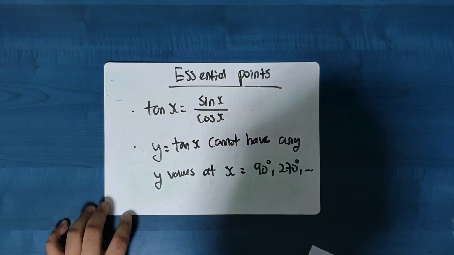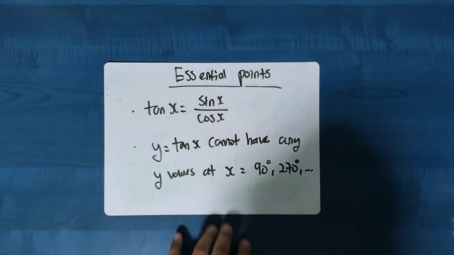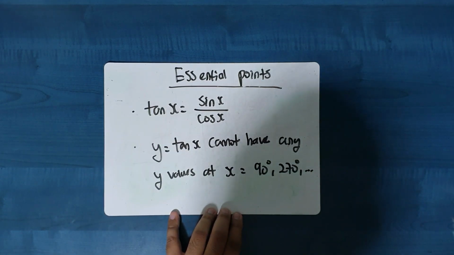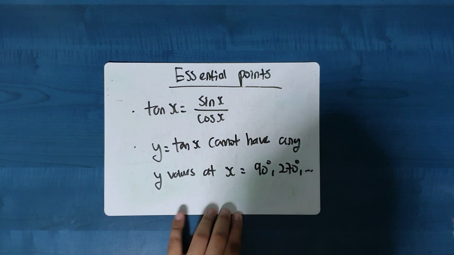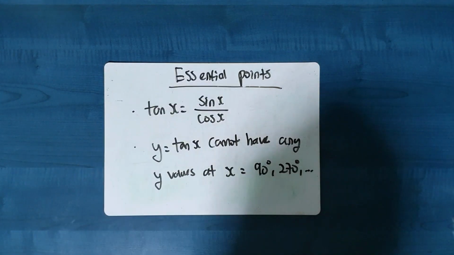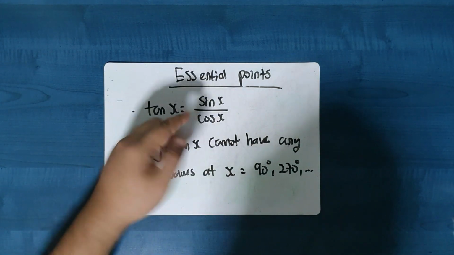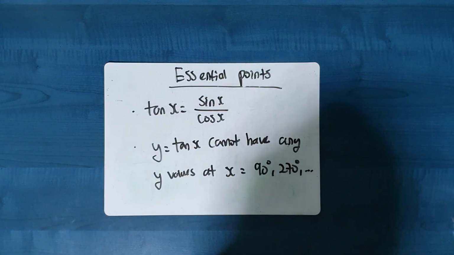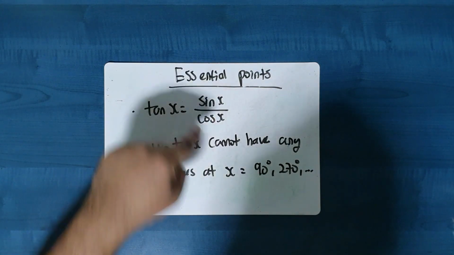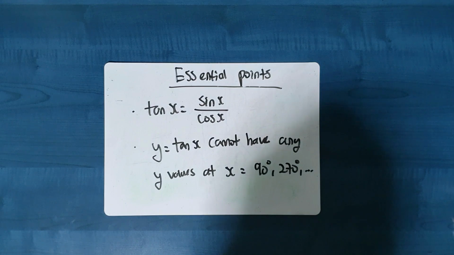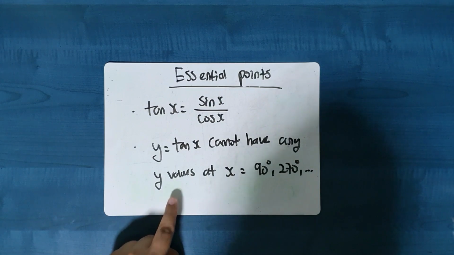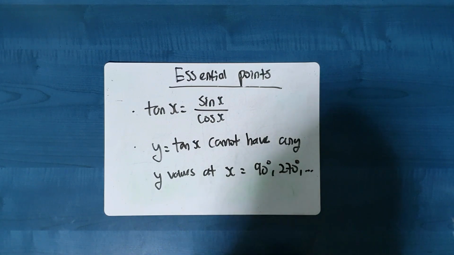So let us end off with the essential points of a tangent graph. Okay? By definition, tangent x is sine over cosine, and because a fraction cannot exist when the denominator is 0, therefore y equals tangent x cannot have any y values at these specific values of x.